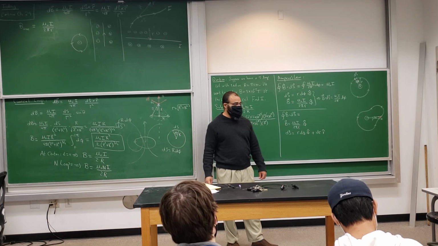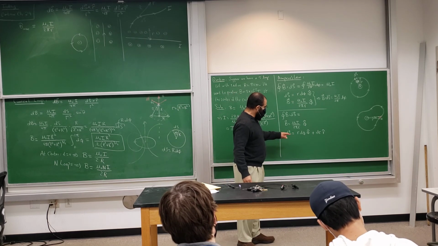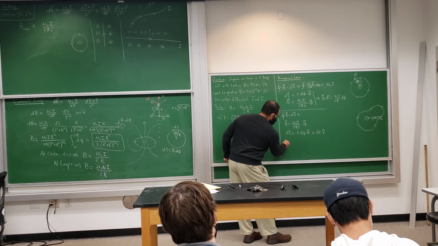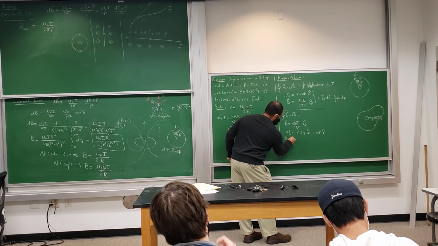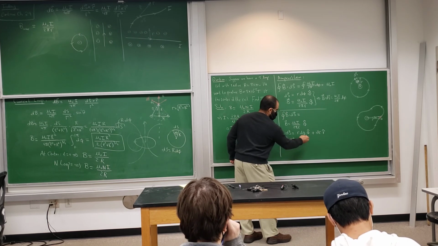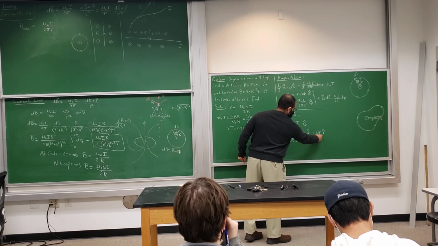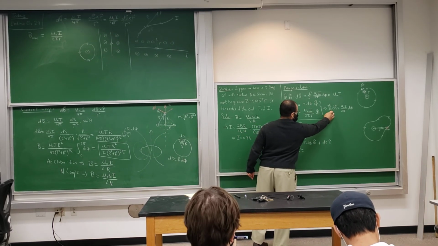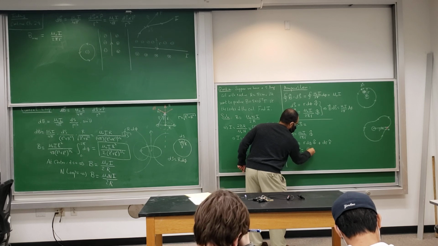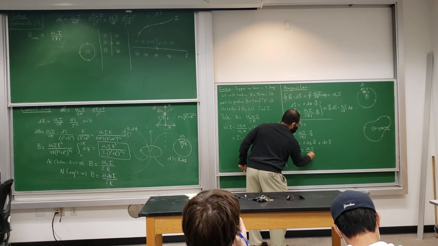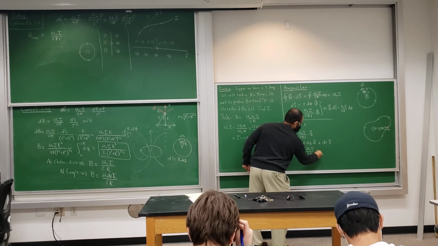So you get 0. So B dot ds will again give me mu naught I over 2 pi d phi.